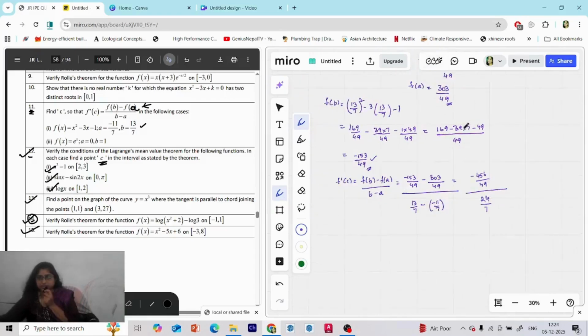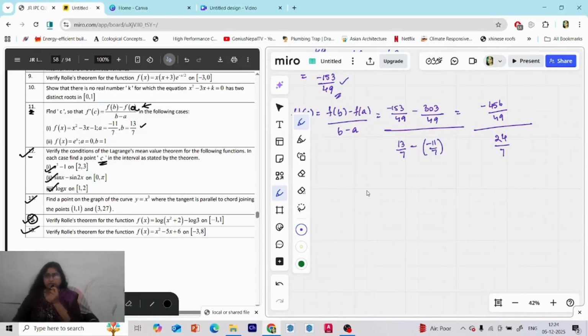On simplifying this, we get minus 456 by 49 into 7 by 24. So this cancels, and 456 by 24 we get 19 times. So this is minus 19 by 7.